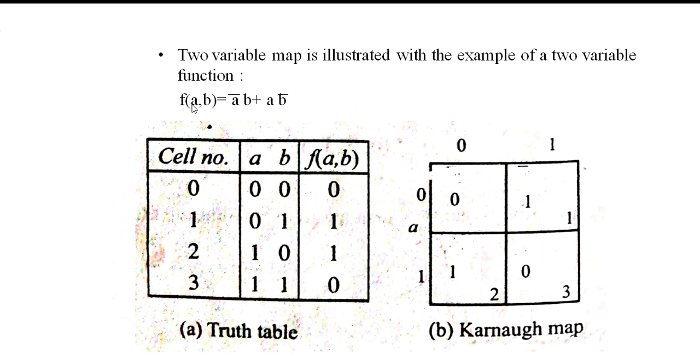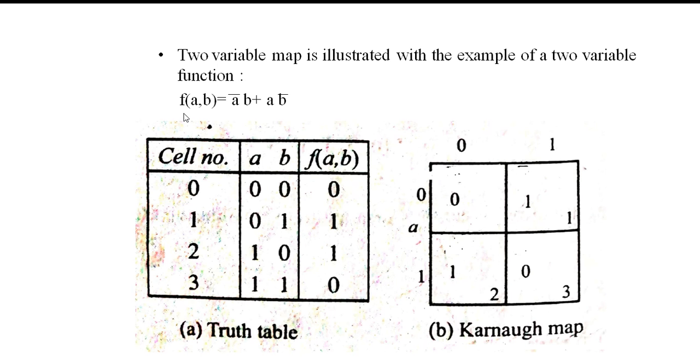In two variables, we have four combinations, right? So we get a four-cell Karnaugh map. See how the four cells are arranged here. They are arranged as two rows and two columns. Why two rows and two columns?